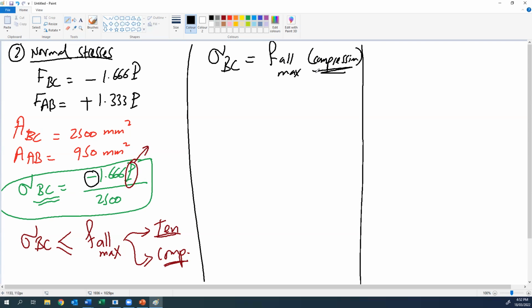If you go back to the example, this value was negative 175 MPa. So now sigma BC is equal to negative 1.666B divided by 2500 should be equal to 175 MPa.